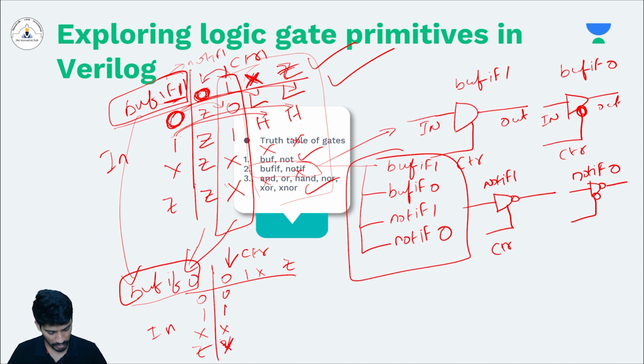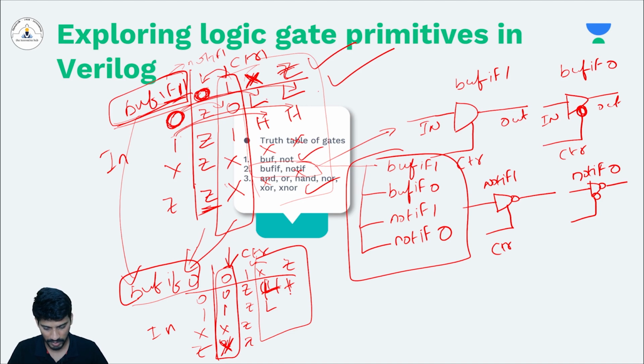This will be x, and if you have 1 as a control signal, then all the things will go to z state. Similarly, in this case, it went to z state when control is 0 because it is a buff if 1 gate. And similarly, in xz cases, the outputs are like this: L, H, H, L.